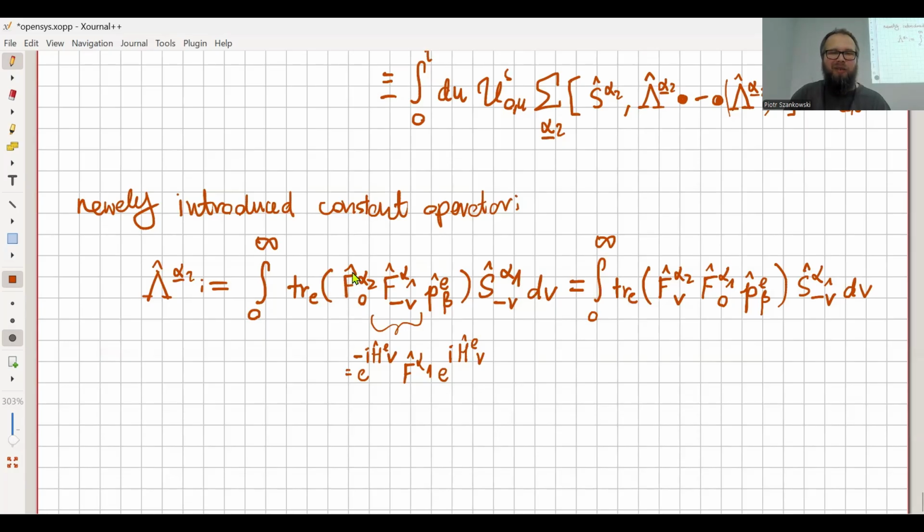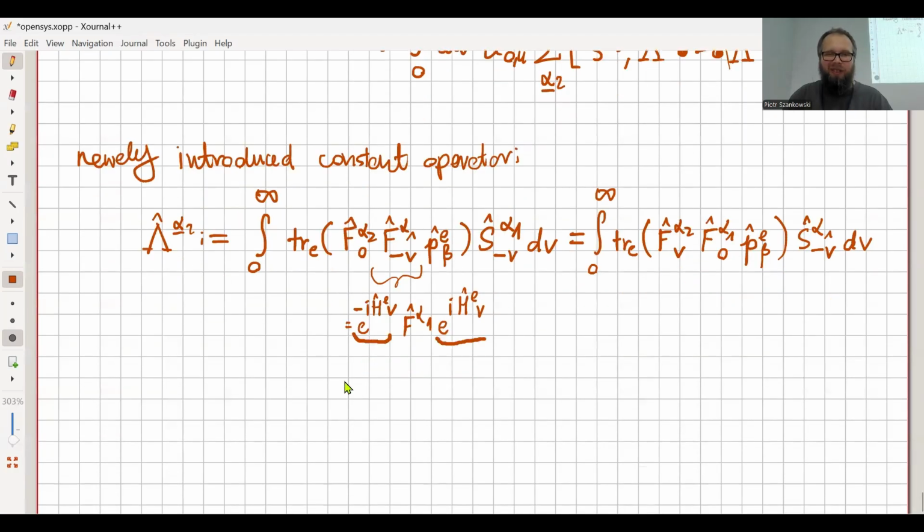But if I do this, it's multiplied from the left by this guy, right? And from the right it is multiplied by the remnant of the interaction picture of F alpha 1, right?